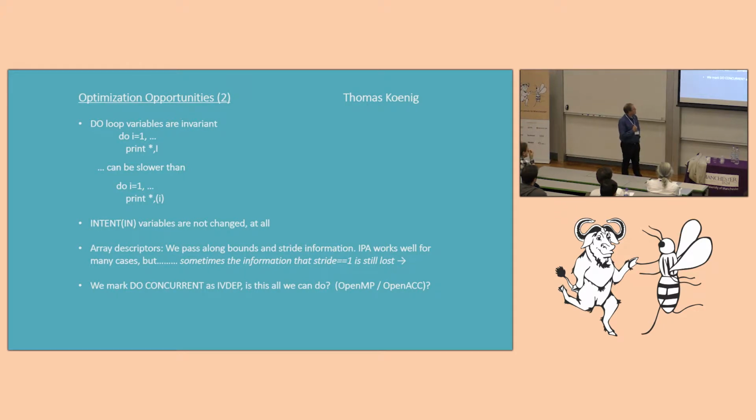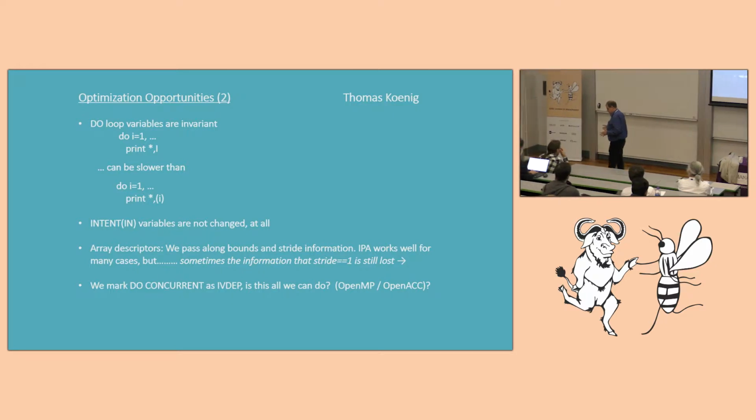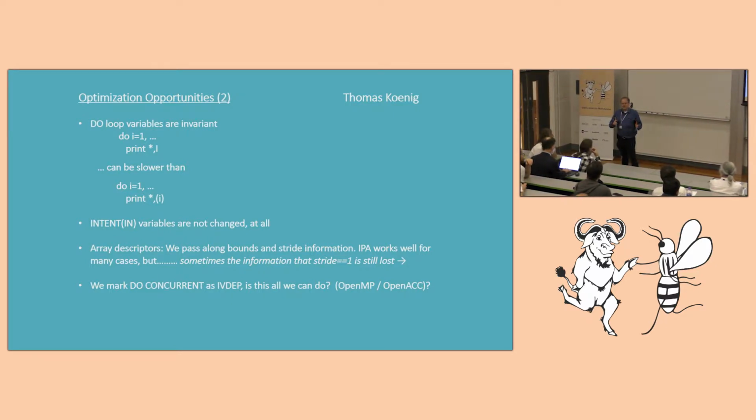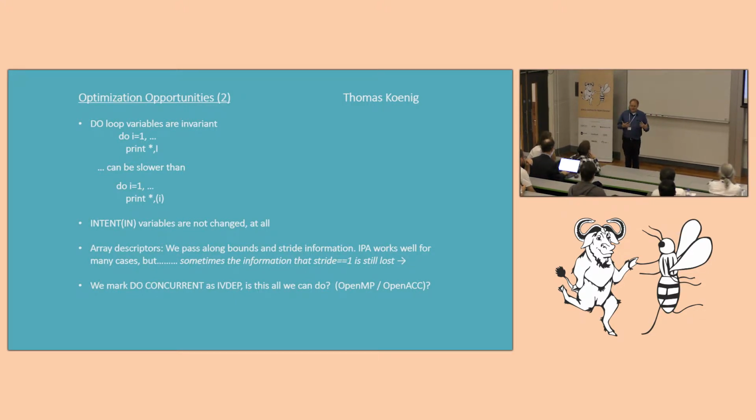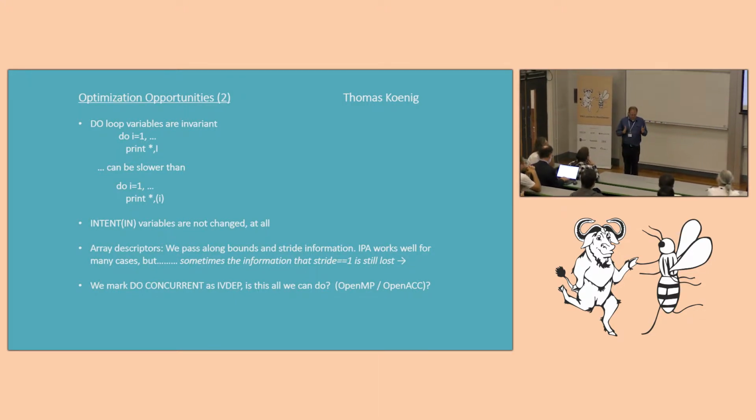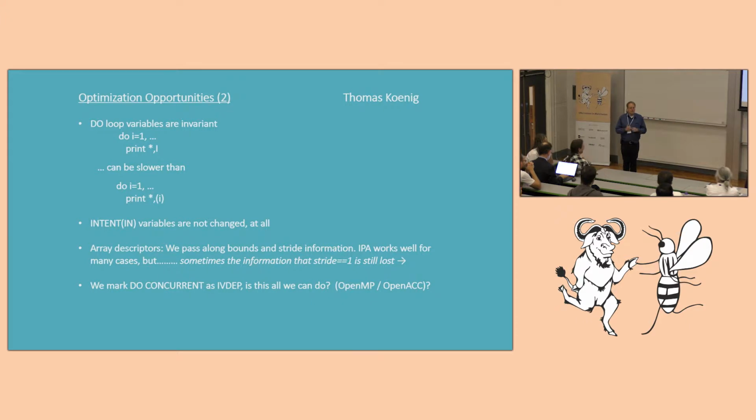Another thing is array descriptors. Fortran has the very nice feature that you can actually pass an array, and if it's, as we call it, assumed shape, all the information about bounds and so on is passed with it. So that is actually very nice for the programmer, because people make far fewer mistakes than before.